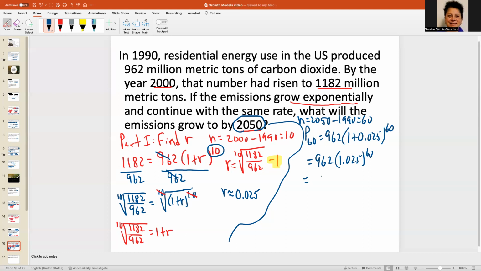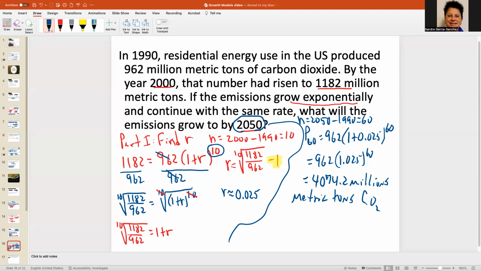And I got that in 2050, we have 4,074.2 million metric tons. Don't forget to write the measurement. Metric tons of carbon dioxide. And that's the way to find R using the radical.